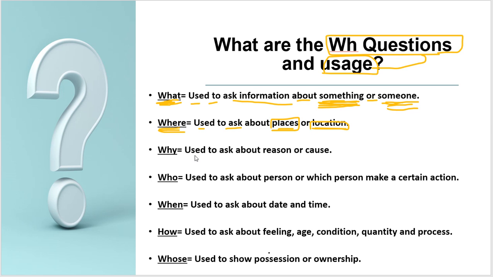Next, we have why. It is used to ask about a reason or cause. A good example is, why are you late today? You need to give a reason or cause.